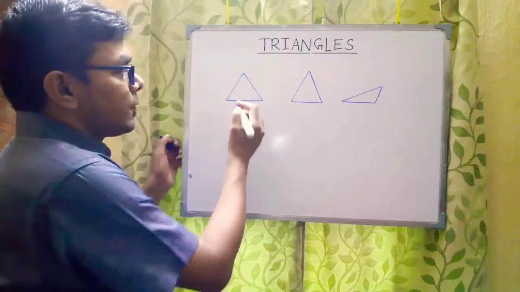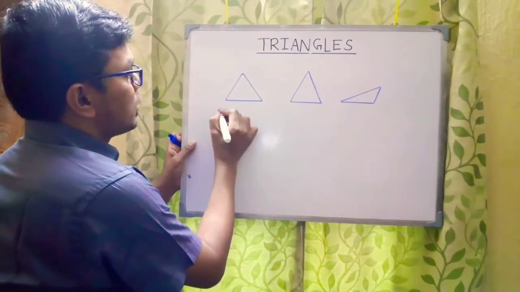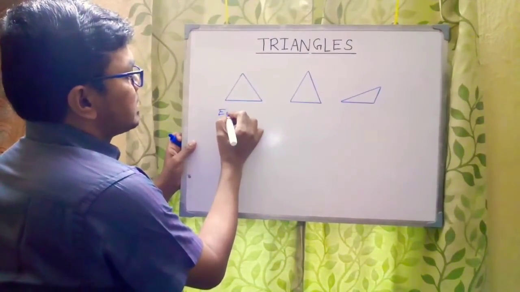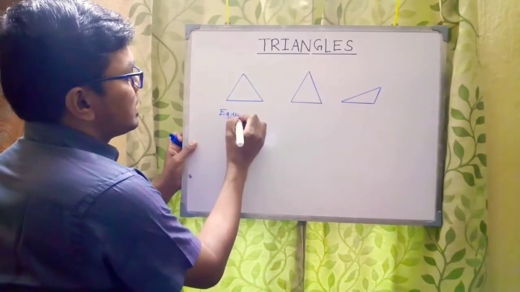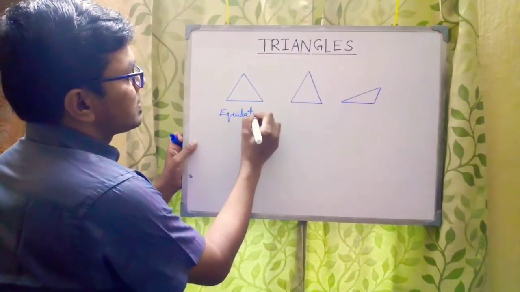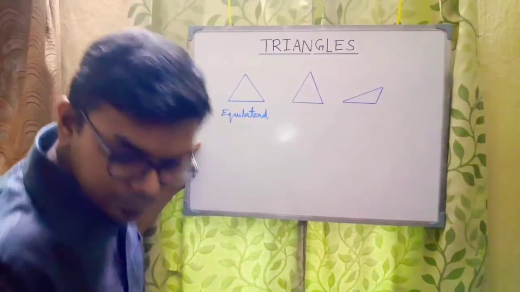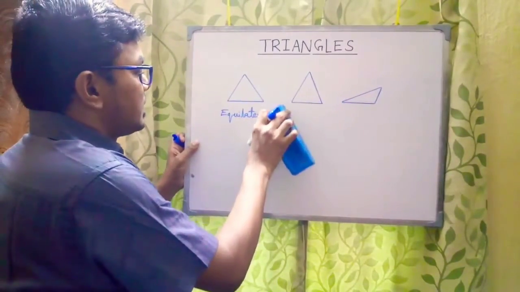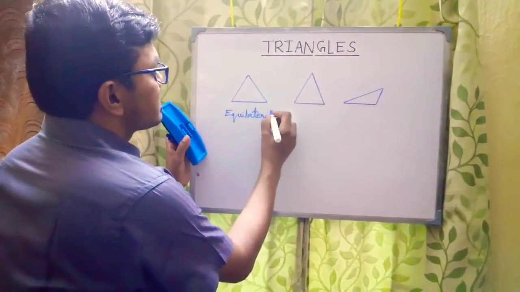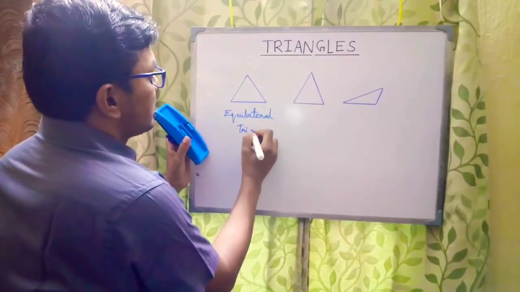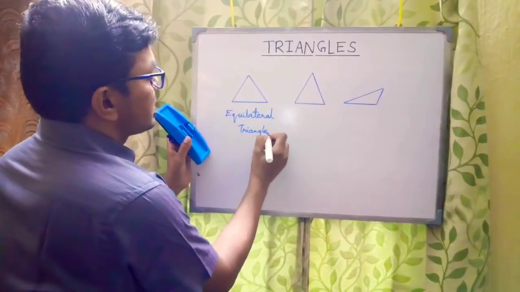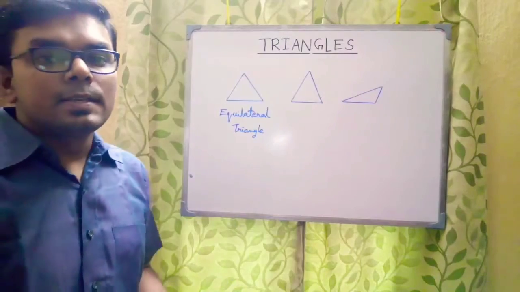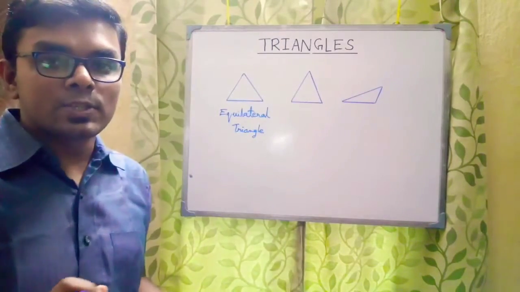Now let's see the first type. This is called an equilateral triangle. What does that mean? I said these are the types of triangles based on sides.